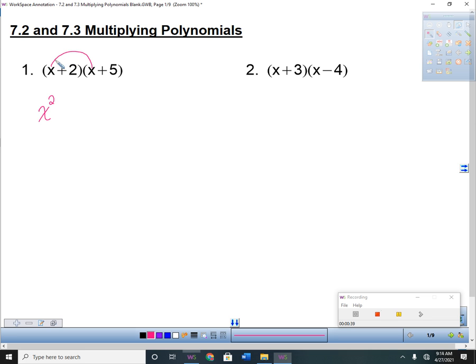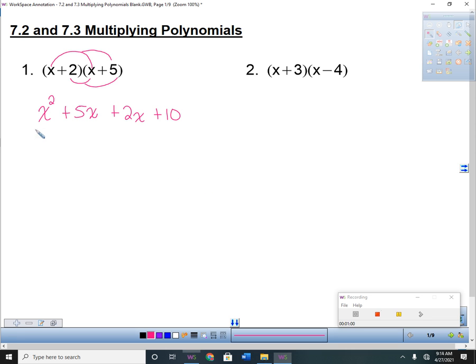Remember, we add those exponents. So I have 1 here and 1 here. That makes 2. X times 5 is 5x. 2 times x is 2x. And 2 times 5 is 10.